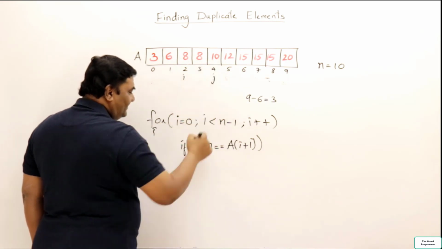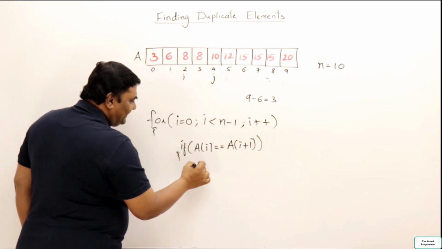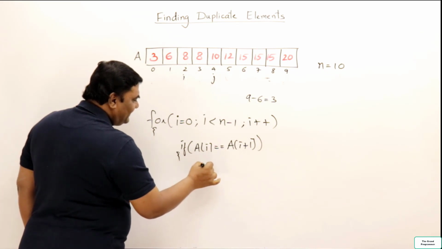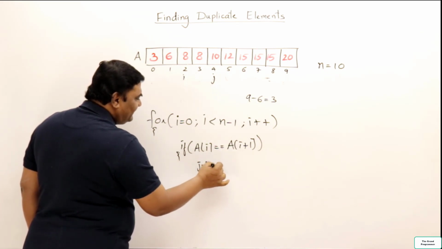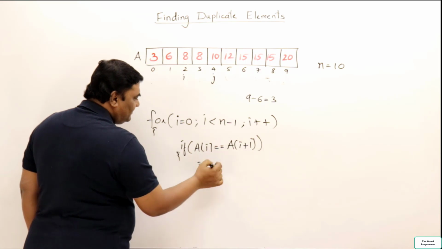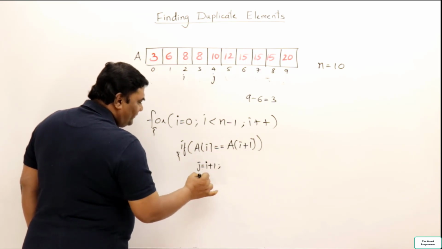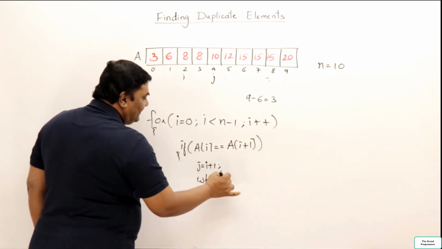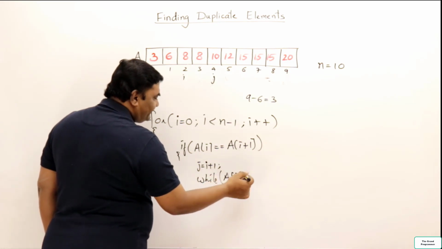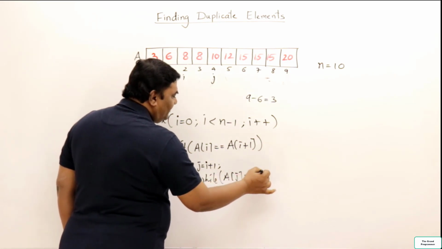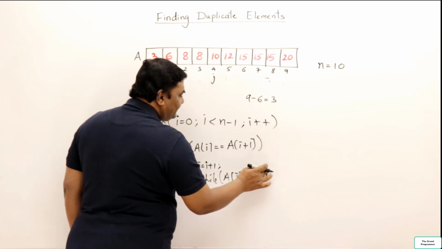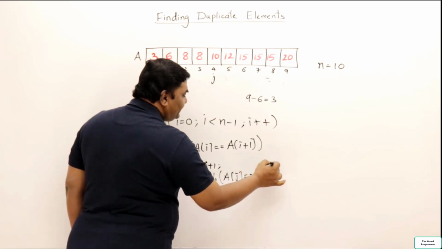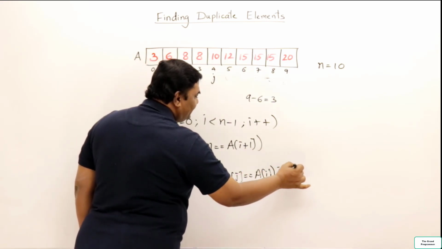So j should stop here. Inside this, I can say j assign i, or i plus 1 also I can write. And I should move j while a of j is equal to a of i. As long as it is equal, I should go on moving j, so just j plus plus.